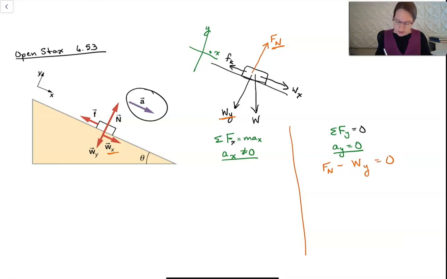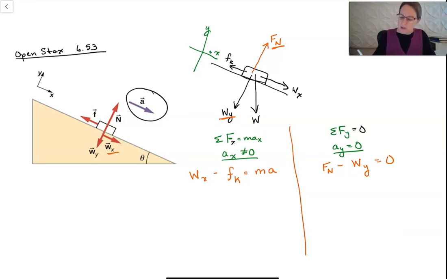And then the x component of the weight is going in the positive direction, minus the kinetic friction, must equal mass times acceleration. So in some sense, I've already done the physics here, the F equals ma part, right? I've got my forces and I've got it in terms of the acceleration.